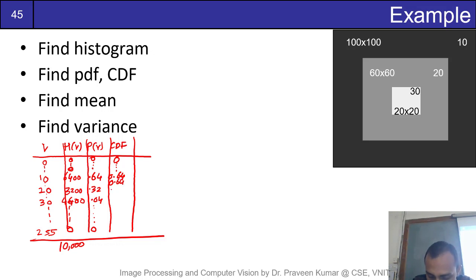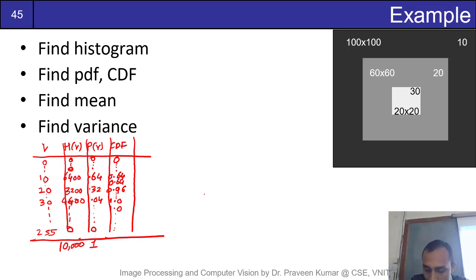At 20 it will become 0.96, and it will remain 0.96 up to 30. At 30 it will become 1, and then it will remain 1 for the remaining. So the sum of PR, all probability values, obviously will be 1.